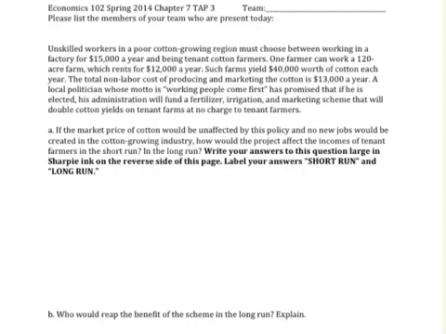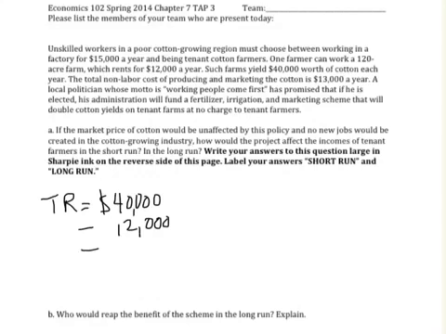Just to see this, let's back up before this problem starts and notice what tenant farmers are making before this policy. The total revenue for these tenant farmers is $40,000 a year, and they have to pay their rent, so that costs them $12,000 a year, $1,000 a month.